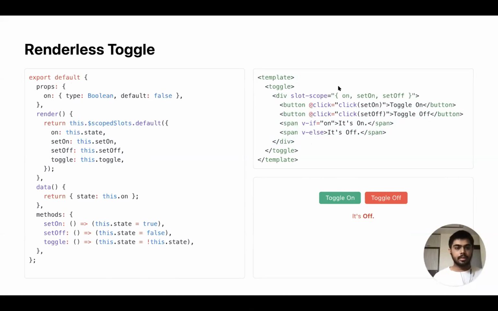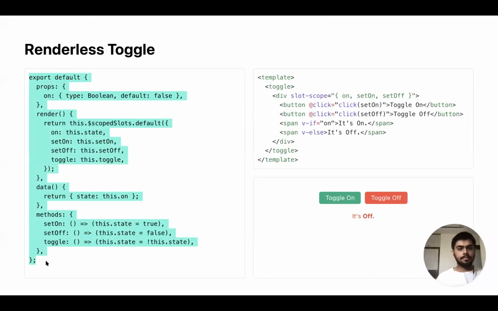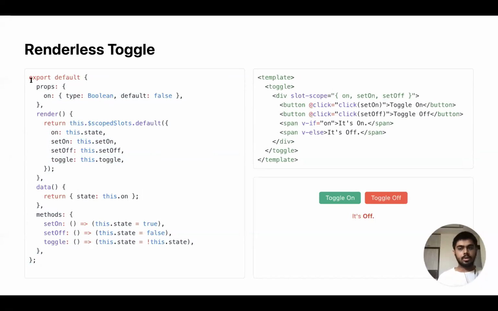So that is the essential idea of a scoped slot. All these values, the state, on, set off, and set on, always exist within the toggle.view only. But what this allows us is to expose them inside a particular slot only. Whatever is inside the toggle, between opening and closing toggle, can use on and set off.